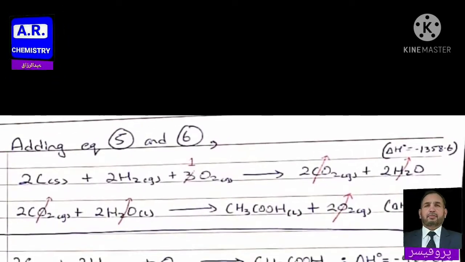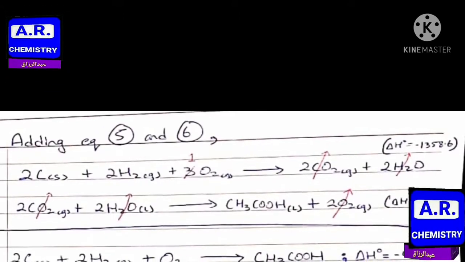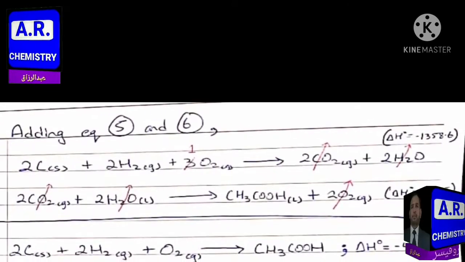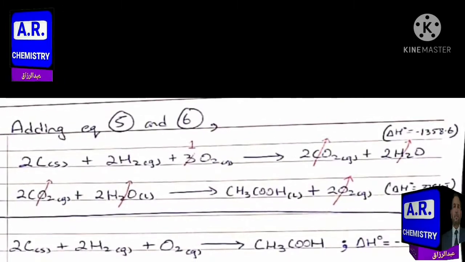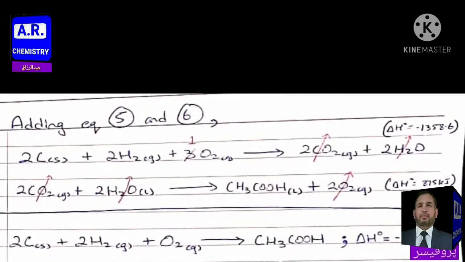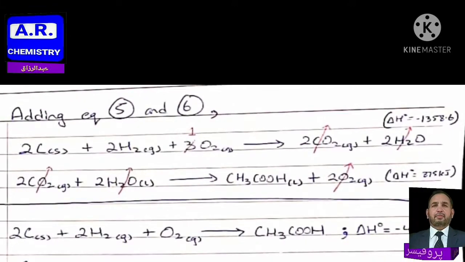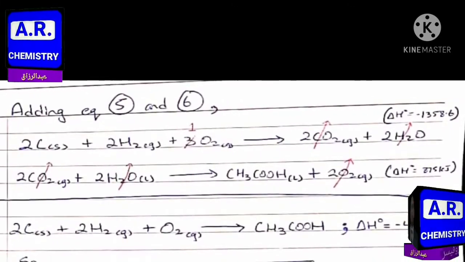Here on the screen, you are observing that it is written adding equation 5 and 6. Instead, you are adding equation 5a and 6. We have two equations with number 5, so one equation you may call equation 5a and the other 6.